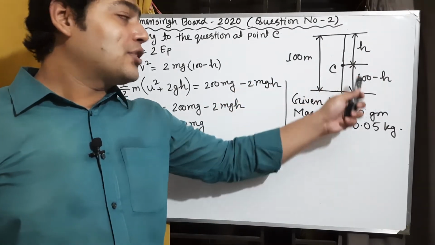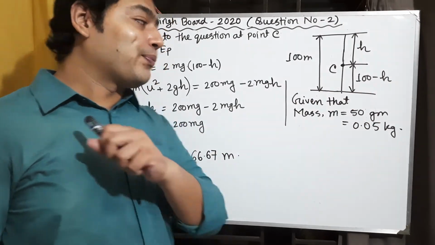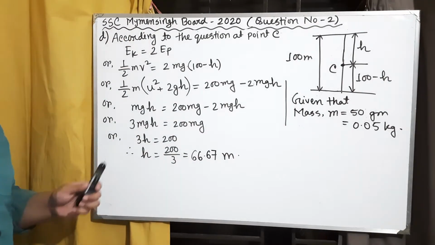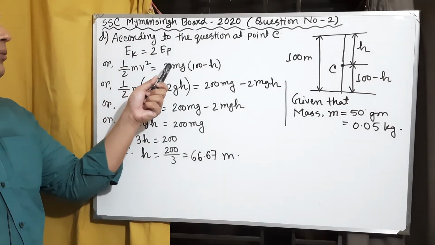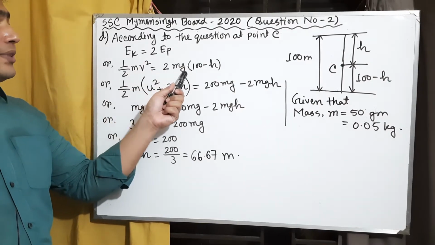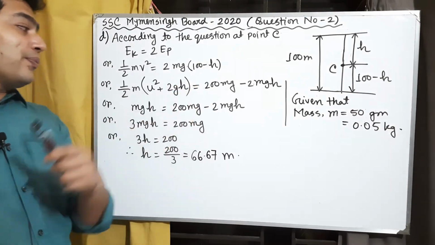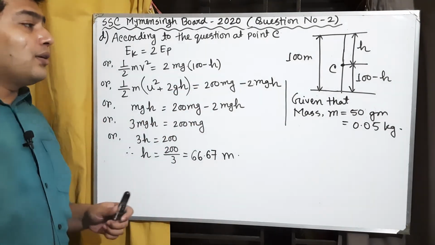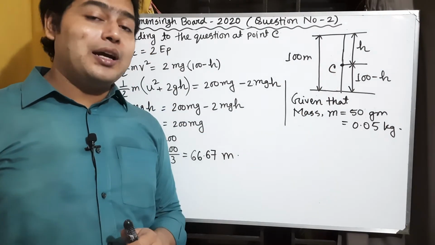So this portion will be 100 minus h. Now we can write half of mv square equals mg times h, where h is 100 minus h. So now we need to determine the velocity at point C.